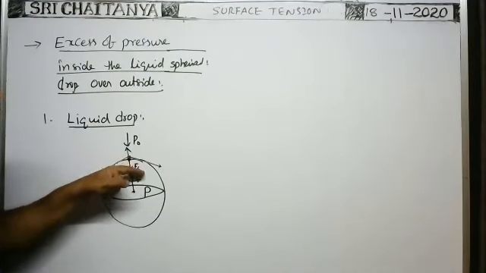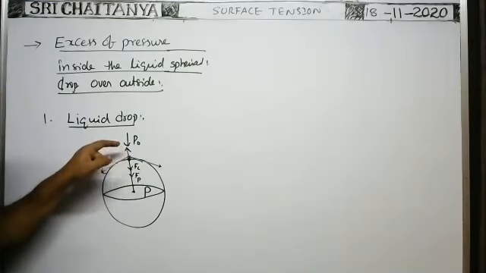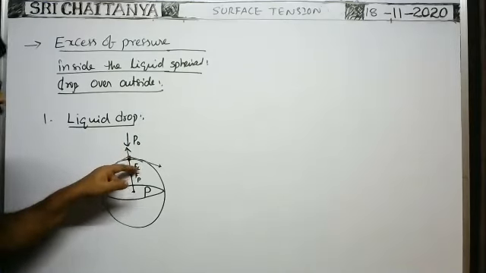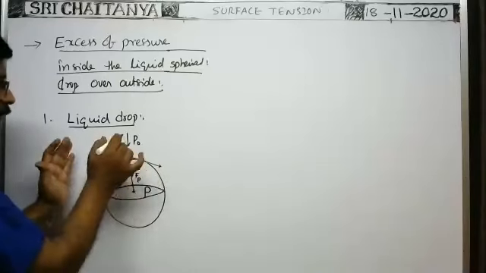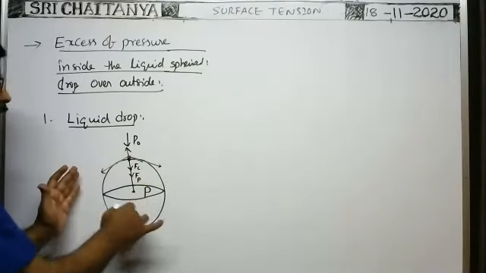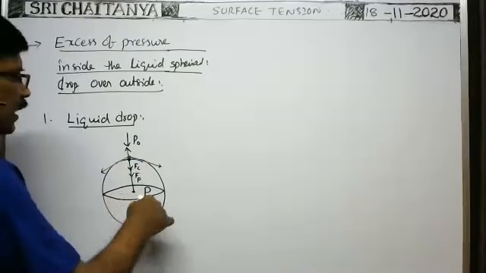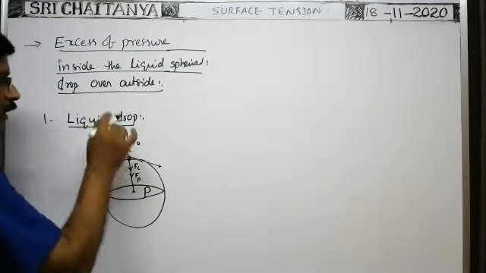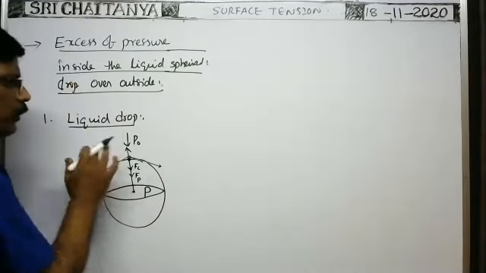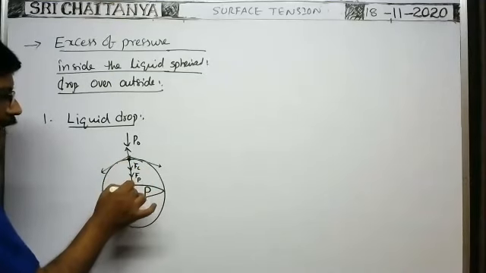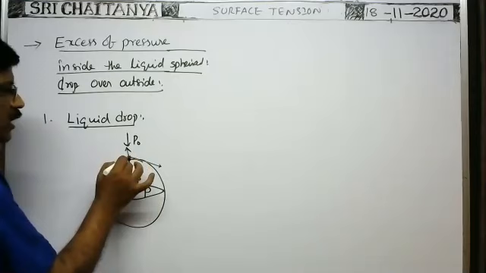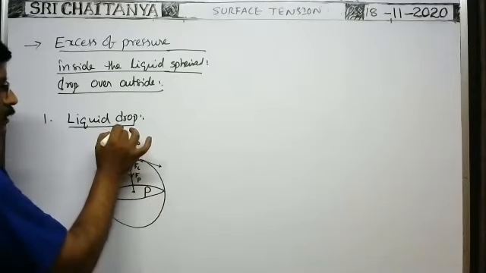In order to balance these two forces, to make the net force zero on this molecule, because whenever the liquid drop is in equilibrium, every molecule inside or on the surface of the liquid drop is under equilibrium. So in order to counterbalance the sum of these two forces acting towards the center, some force must be acting on this molecule outwards.